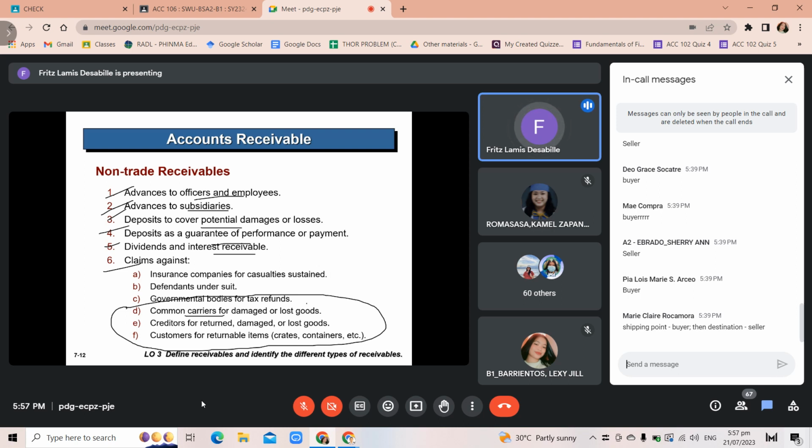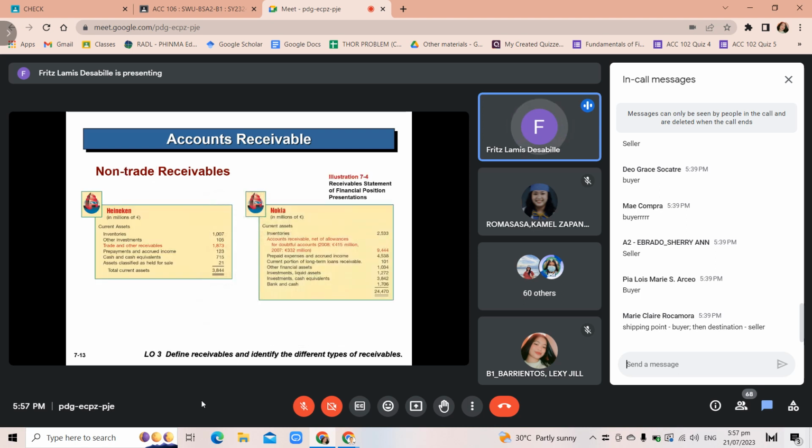Even if it is goods, guys, when students see the word goods, they would immediately conclude that it is a trade receivable, but it is a claim for lost or damaged goods. So these are not claims in the ordinary course of business.